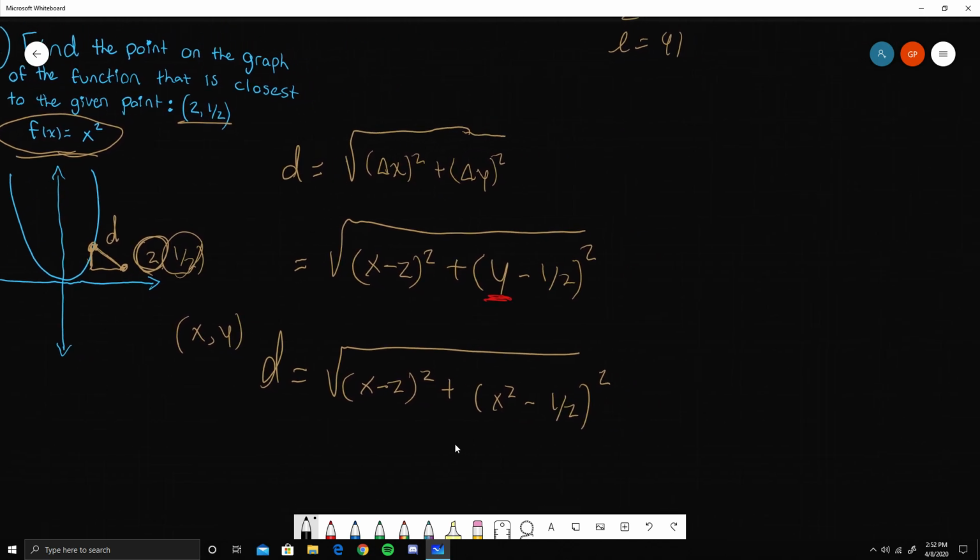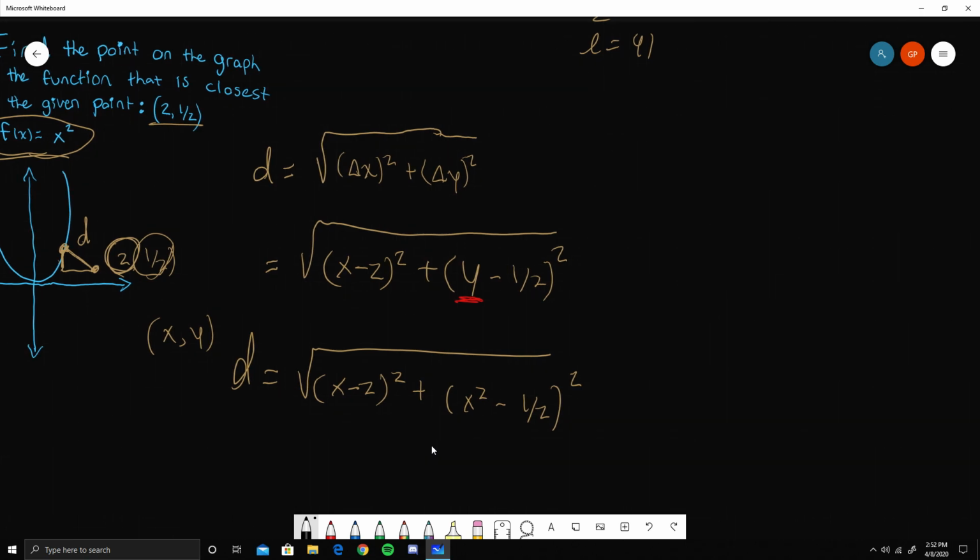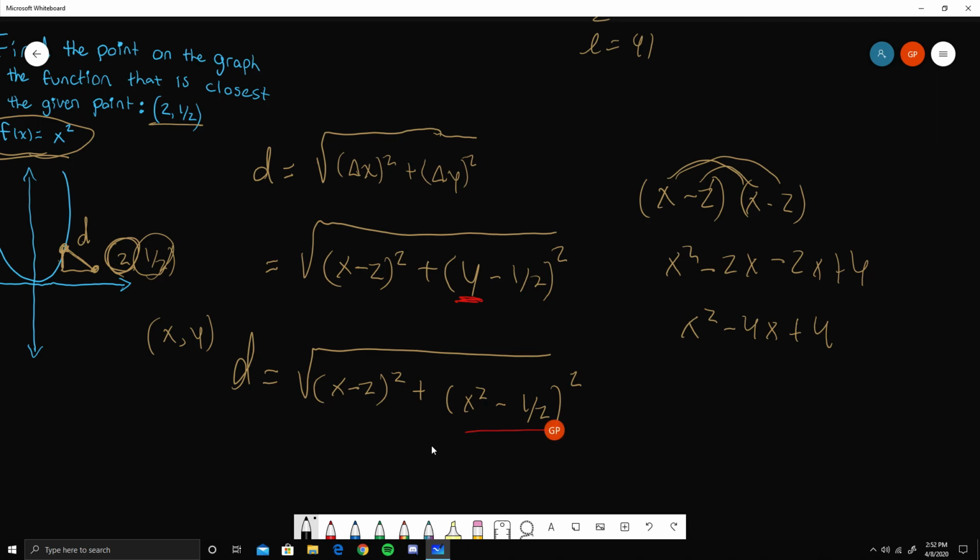So really quickly, I'm going to go to the side here and work this out. I get x minus 2 times x minus 2 gives me x times x is x squared minus 2x, minus 2x again, plus 4, which then gives me x squared minus 4x plus 4. And now I'm going to do this part. This part gives me x squared minus 1/2 times x squared minus 1/2. I'm going to FOIL the same way.